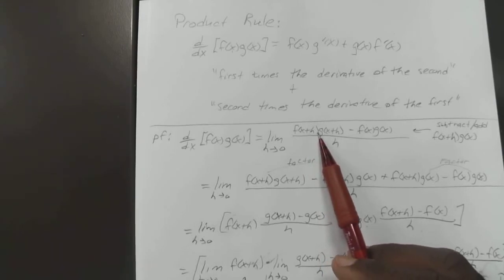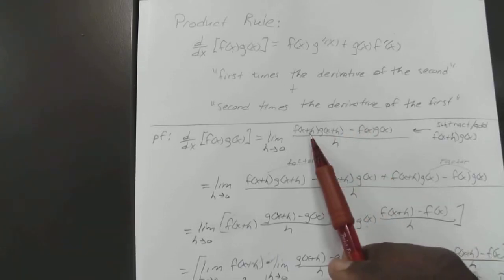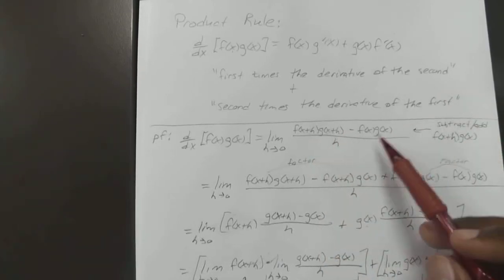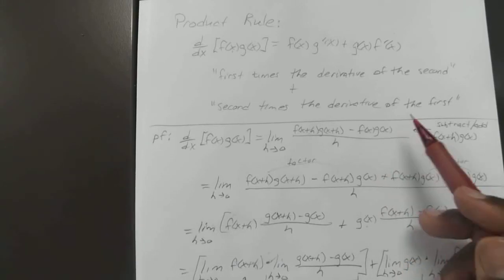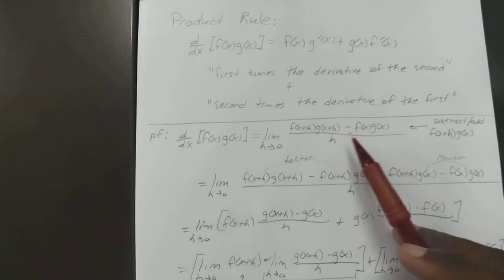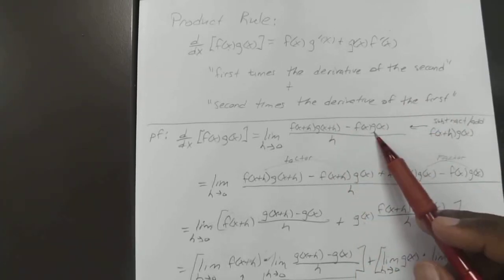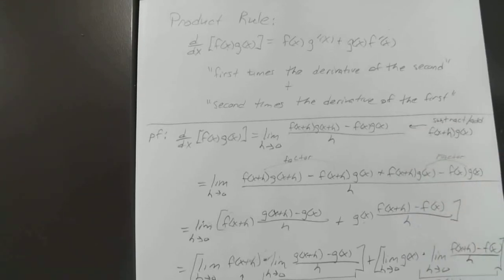Okay, so that means you had to subtract it so that you can factor out that f of x plus h. So once you factor out that f of x plus h, now on this side, you needed a g of x plus h because you needed a g prime. So if you had your g of x plus h by itself, and if you can get rid of that g of x, then you can kind of maneuver it.